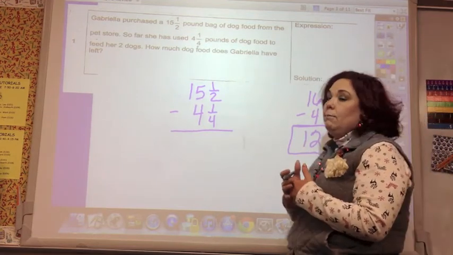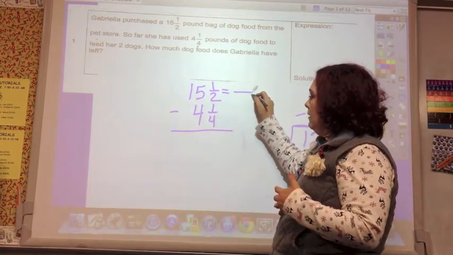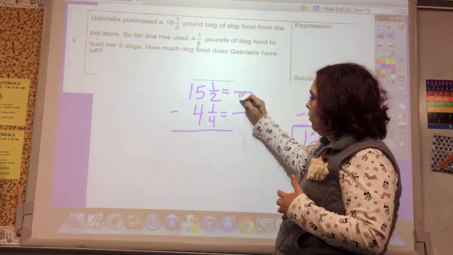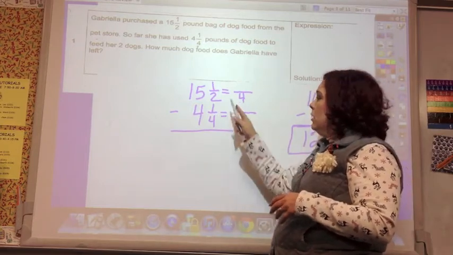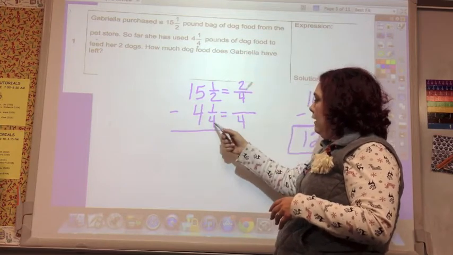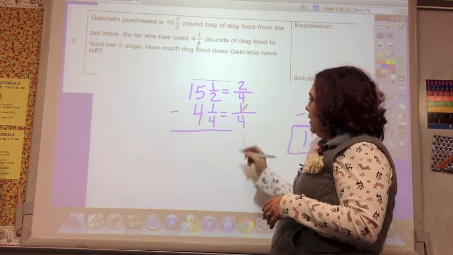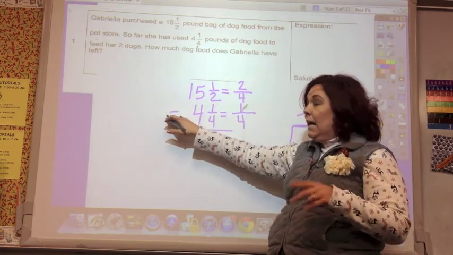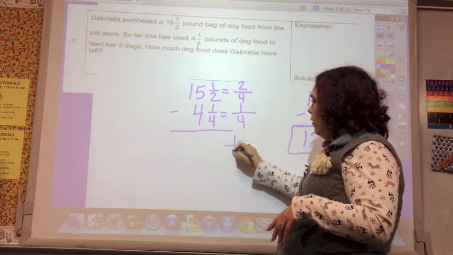So to do it exact, my first step is to find the LCM, or LCD, of the 2 denominators. So of 2 and 4 is 4. And then I gotta make equivalents. So 2 times 2 is 4, 1 times 2 is 2. And 4 times 1 is 4, 1 times 1 is 1. Now I have to remember I'm subtracting, I almost added. So 2 minus 1 equals 1/4.